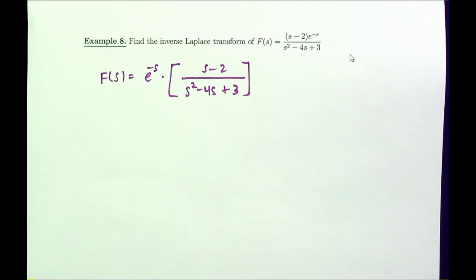Okay, that's still not in the table. However, the bottom factors, you can easily factor that. So that means we can break up this rational function into simpler expressions using partial fractions.